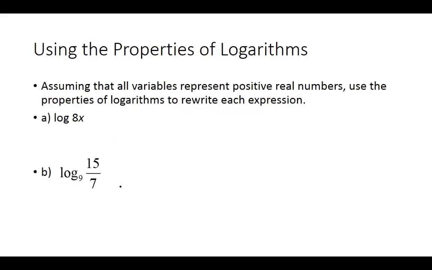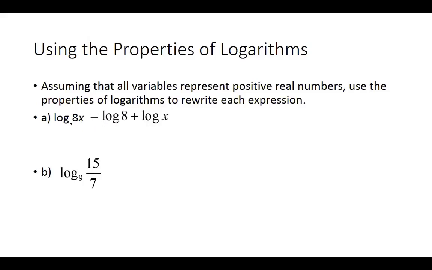So here it says, assuming that all variables represent positive real numbers, use the properties of logarithm to rewrite each of these. The first one, my argument is 8x, and that's a product. So in this case, I can expand that to log of 8 plus log of x.